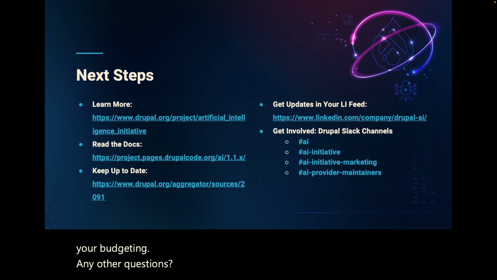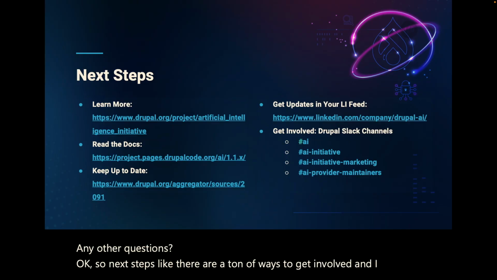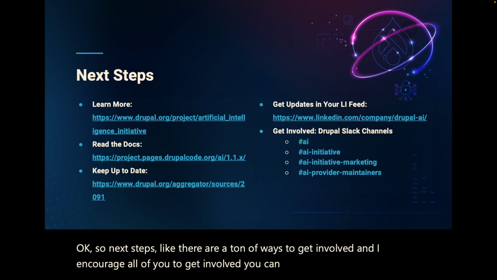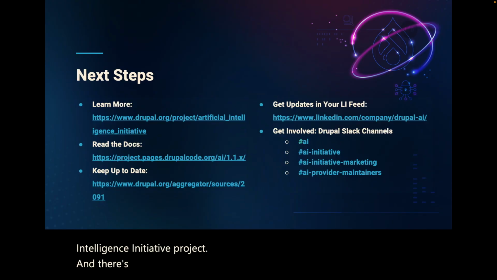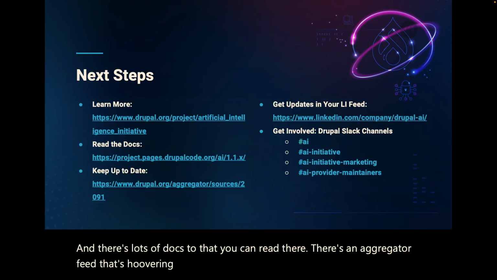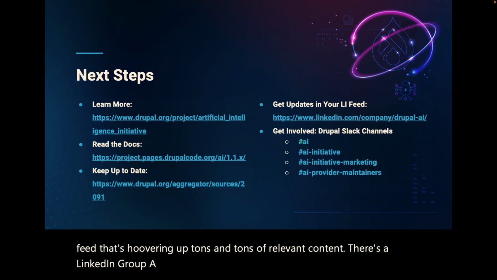Okay. So next steps, there are a ton of ways to get involved, and I would encourage all of you to get involved. You can check out Drupal.org, Artificial Intelligence Initiative Project, and there's lots of docs that you can read there. There's an aggregator feed that's hoovering up tons and tons of relevant content. There's a LinkedIn group, a company group on LinkedIn.